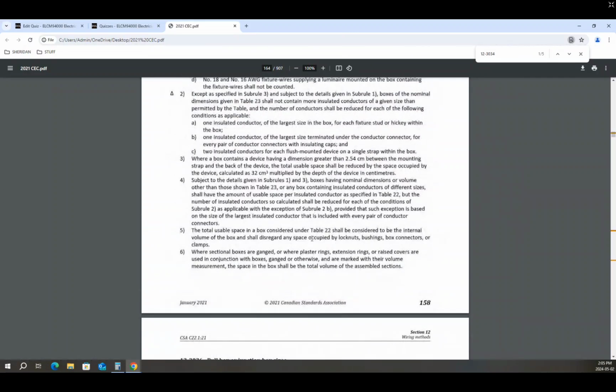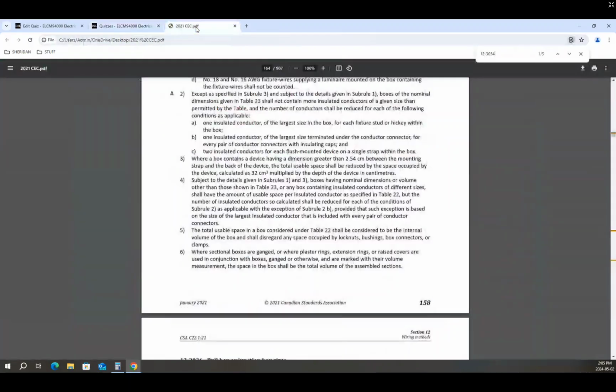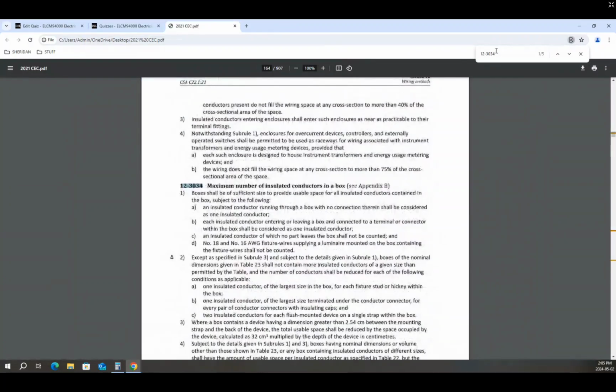table. So I've got 4 14.3s. So I've got 12 conductors. And I've got 5 wire connectors, so that's another 2 conductors. So I've got 14 conductors. So I'm going to go to table 23.